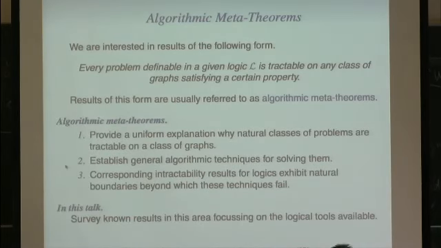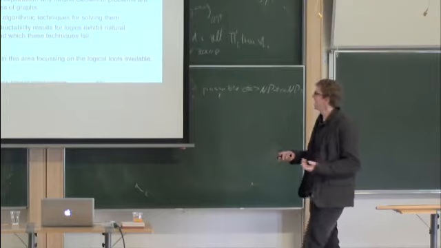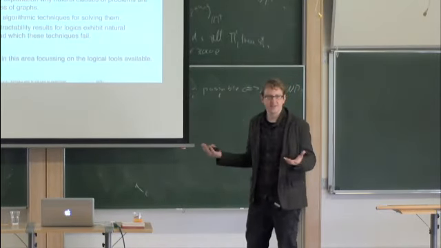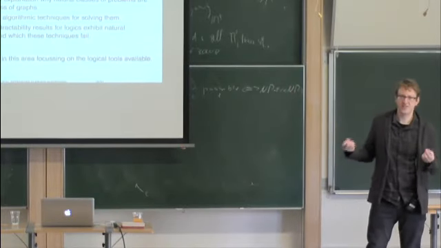And I think the main advantage of these kinds of theorems is, well, in one go they provide a very uniform explanation of tractability for very natural classes of problems like those definable in monadic second order logic. And by doing so, they also establish very general algorithmic techniques that you can use to solve all of these problems. So we'll see one for monadic second order logic on bounded tree width graphs, and that gives one algorithm to solve every problem defined in the logic, and so we have a uniform explanation and a uniform technique.